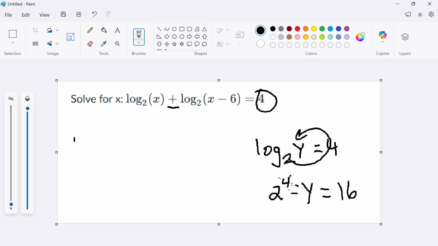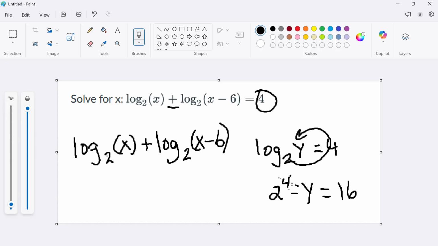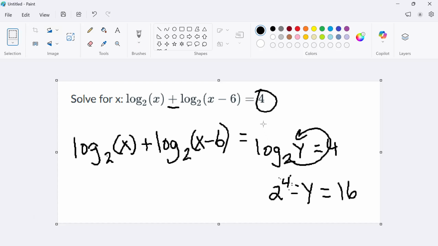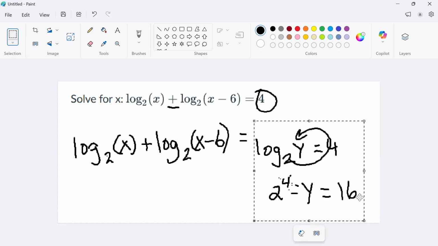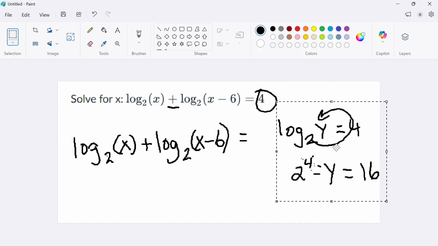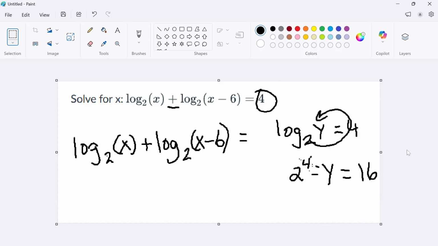So this is log base 2 of x plus log base 2 of x minus 6 equals, I need this room, so I'm going to move this. So move it over. Well, I need more room than that.